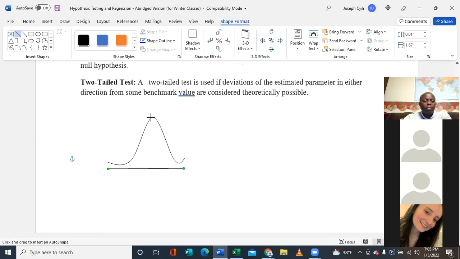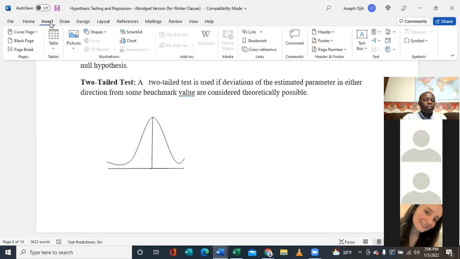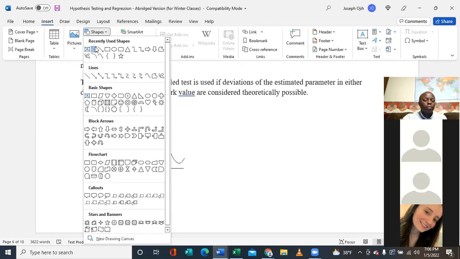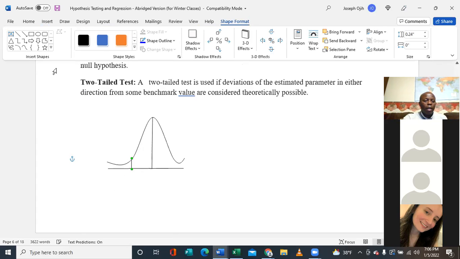Remember this diagram, this center line. So now, usually on the left side we have two tails, the left tail and the right tail.